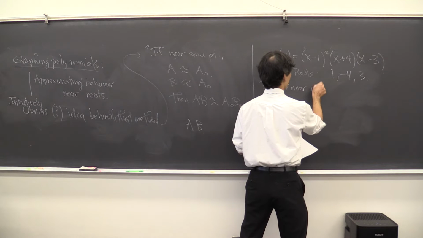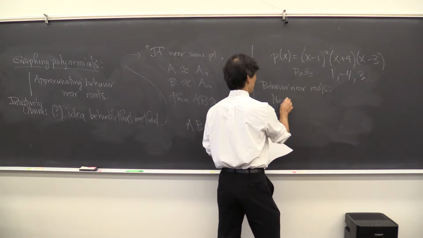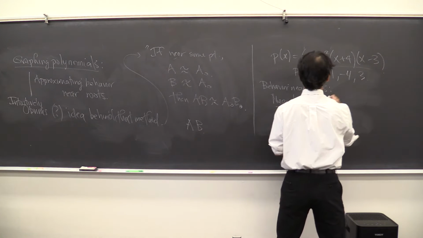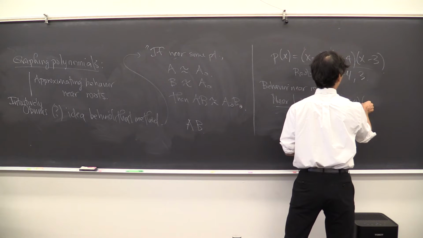So let's look near 1. All we do is take the polynomial, x minus 1 squared, x plus 4, and x minus 3.